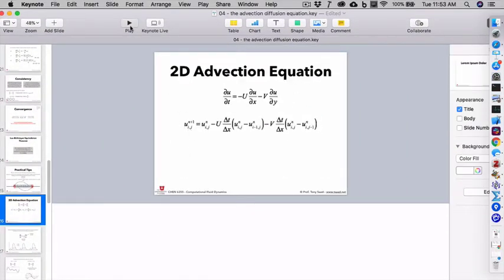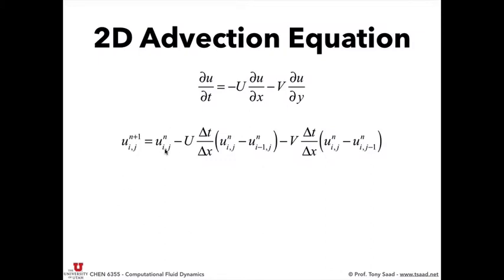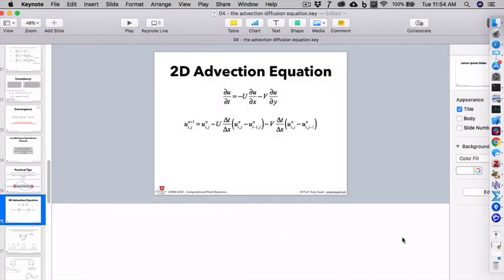Uij n plus 1 is the same thing as the previous one, but now you have two terms. And we're going to do upwind for both of those terms. So you see upwind in the x direction, it's ui minus 1, j is fixed. And then uij for the y direction, j and then j minus 1. Okay? That's assuming u and v are positive. Okay? That's what we're going to start with. Okay, so what do we need for this case?